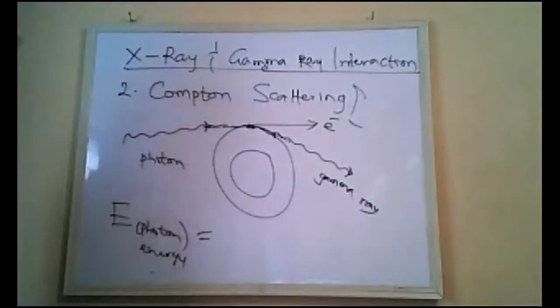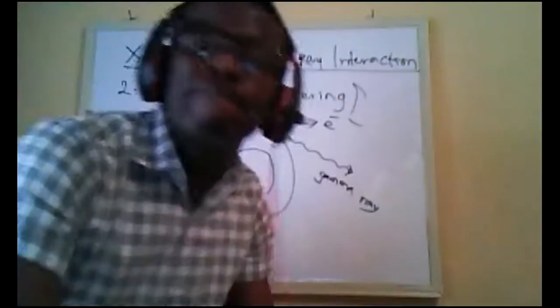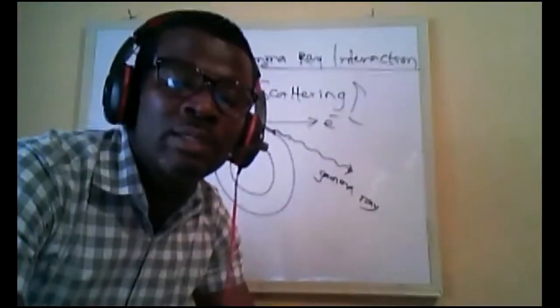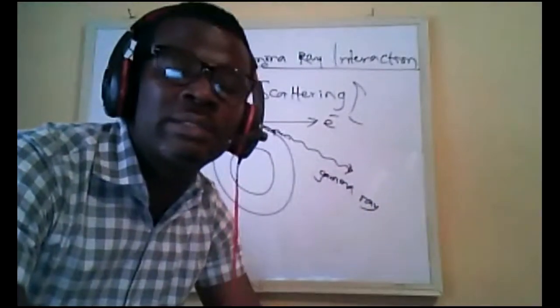I think I have a diagram of this. Let me share the screen of this Compton scatter.